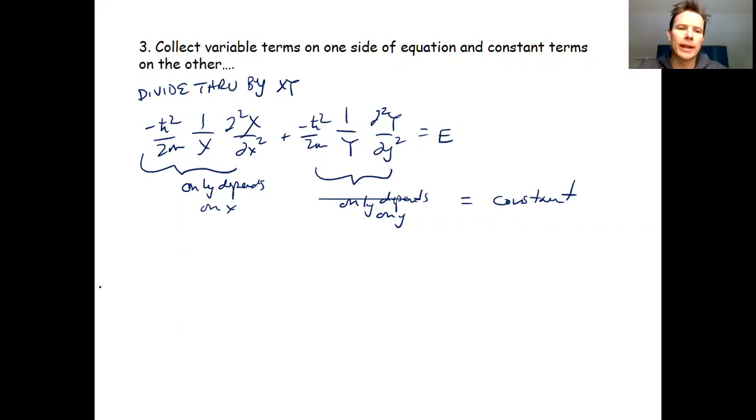What would happen if I varied X? Could these functions change? Well, this is a function which depends on X. So if I varied X, this function could change.